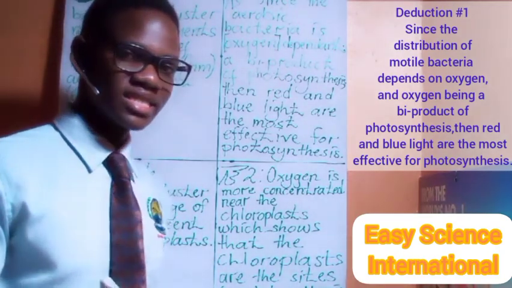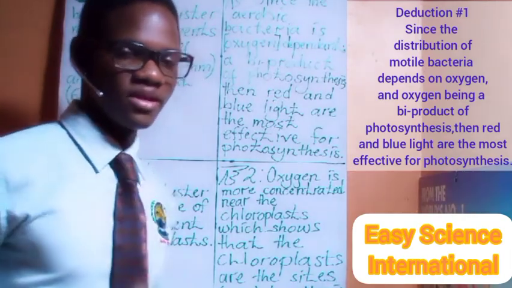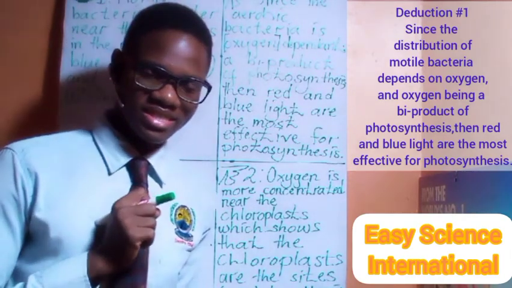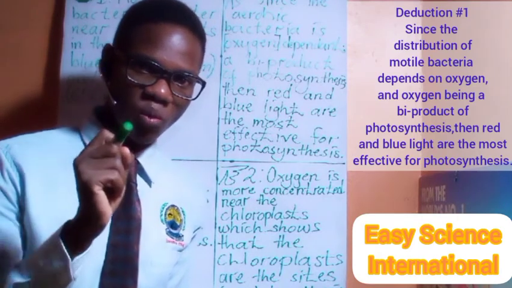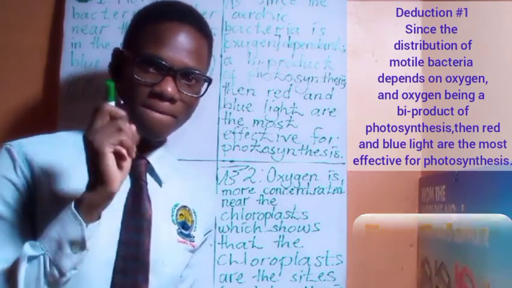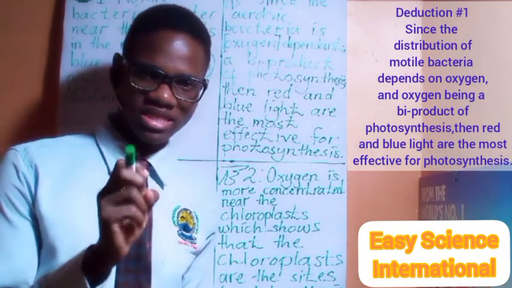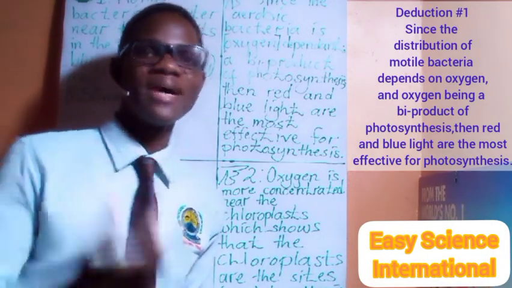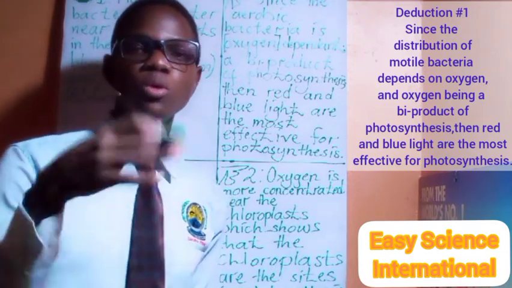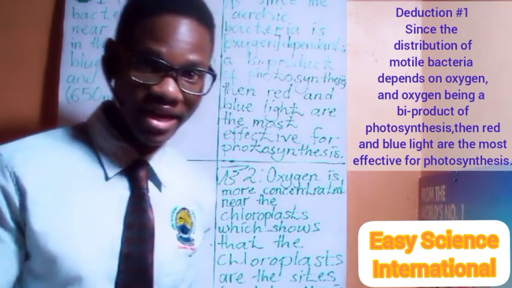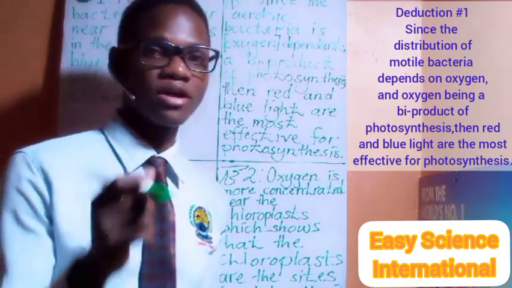So we see that oxygen is given off in the process, and the very oxygen is required by the aerobic bacteria for their survival. So we expect the aerobic bacteria to be abundant in the region where we have a higher concentration of oxygen along the Cladophora thread or the green algae thread.